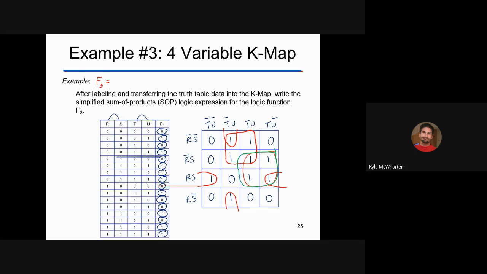The U and the not U will cancel out, so we're going to have a T. And in this one, the not R and R cancel out, so we're going to have an S. So this one goes to TS. So this box we did in green here is just TS. Now we can do the second box here. The T and not T will cancel out, so we will have a U. And the not S and S cancel out, so we're going to have not R.